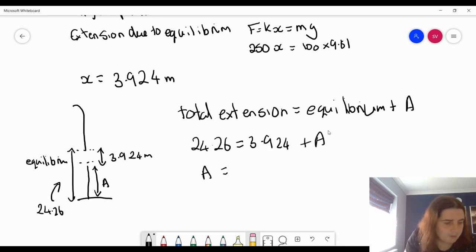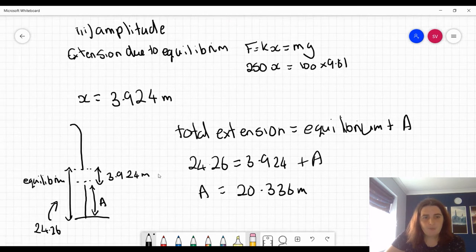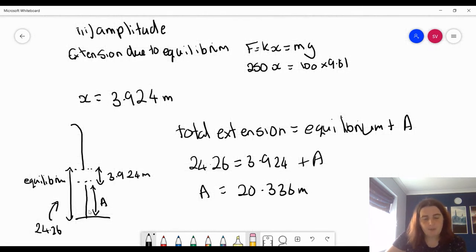The amplitude is going to equal 20.336 meters. So this piece of string is going to oscillate with an amplitude of 20.336 going down and 20.336 going up. It's not going to go back up to the top, but it will oscillate quite nicely around this point here.